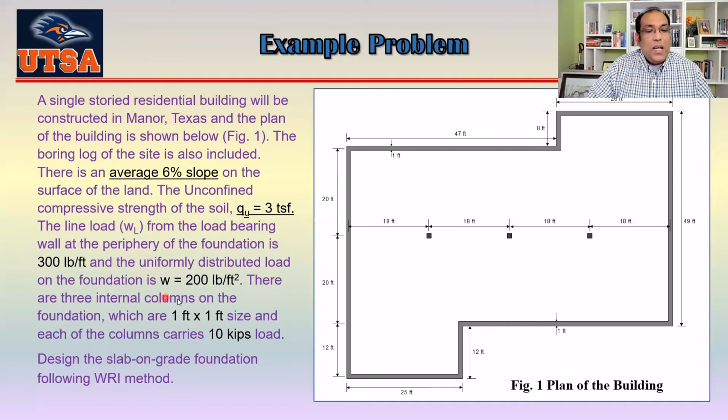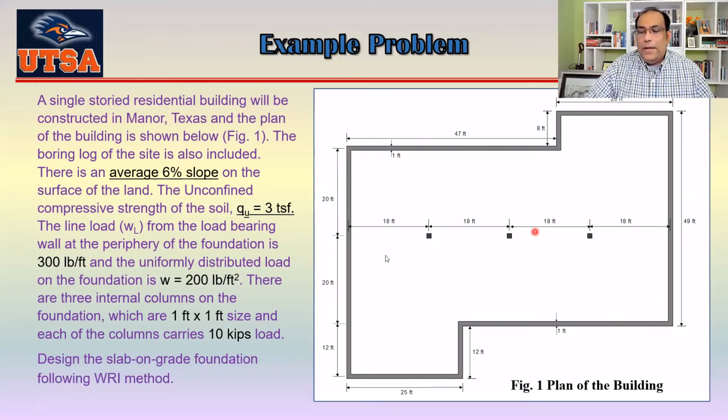There are 3 internal columns on the foundation which are 1 foot in size, and each of the columns carries 10 kips load. Design the slab-on-grade foundation following the WRI method. Okay, so this is basically the figure here.